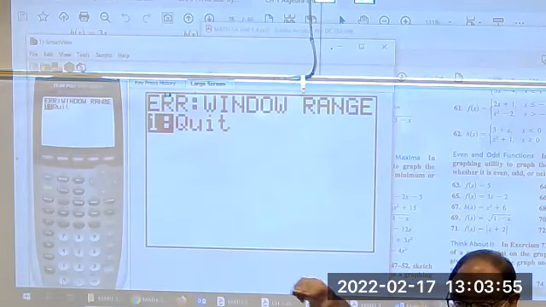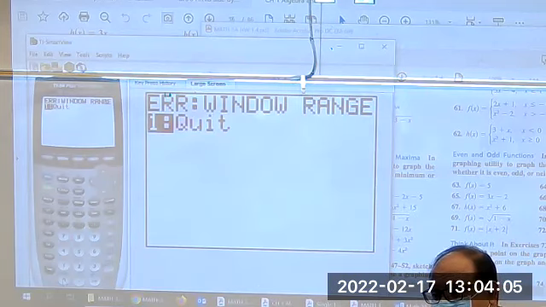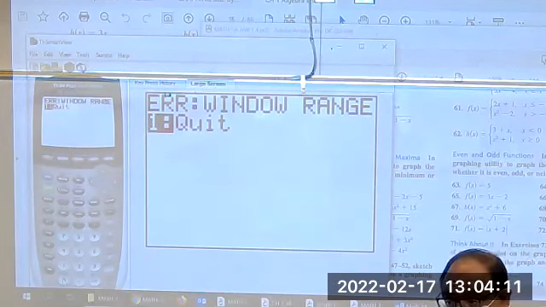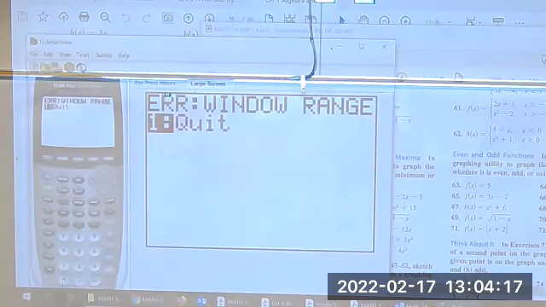Since everything is a 5, then your calculator thinks that your y window should go from 5 to 5, which gives you no window at all. Because that would represent all the y values, 5 to 5. Nothing at all. This is why you need to know what you're looking at in the first place. So you need to do your own windows.